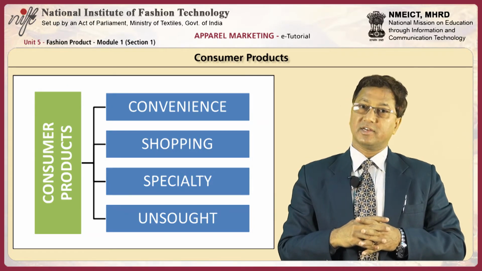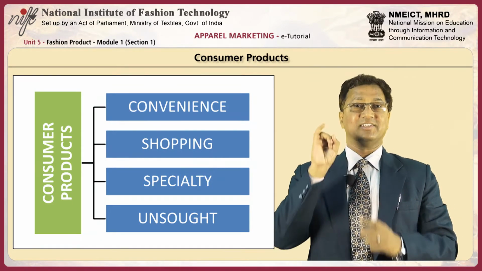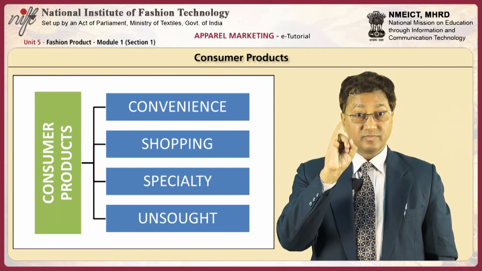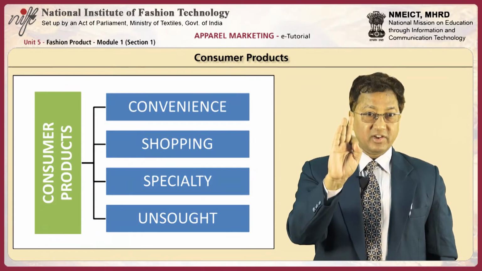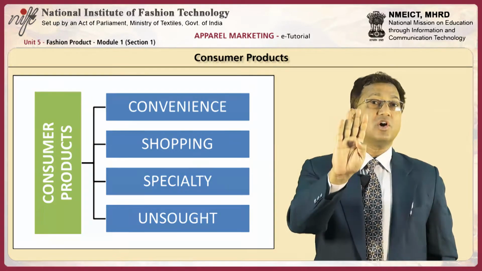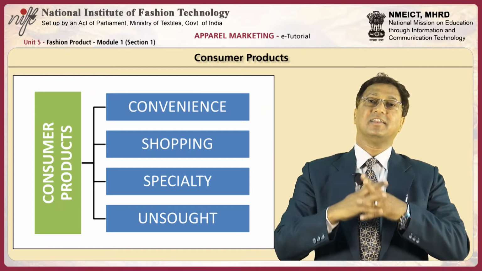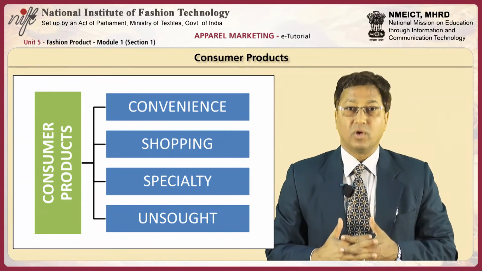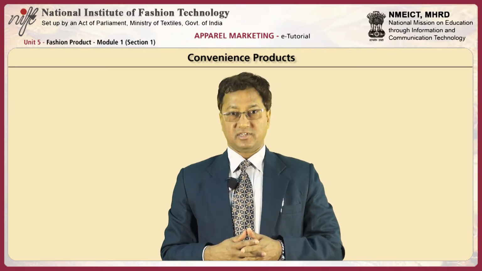Consumer products can be further distinguished as convenience, shopping, specialty and unsought goods. Let us understand one by one. The convenience products.